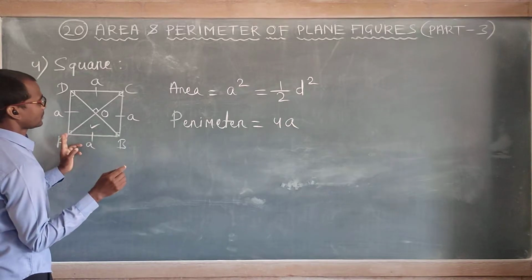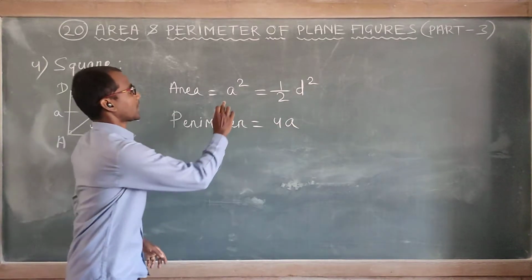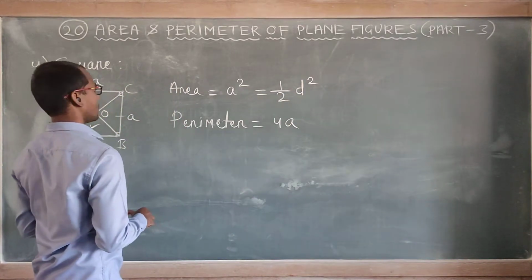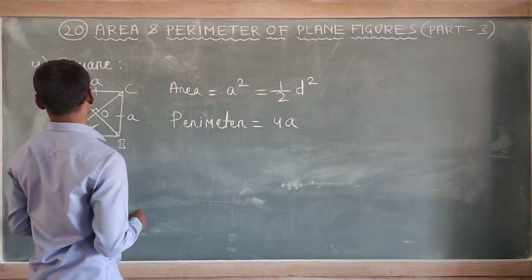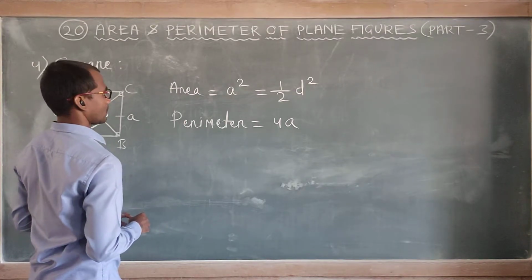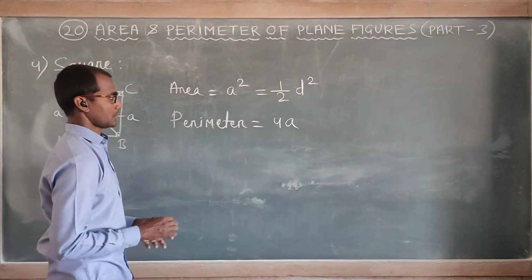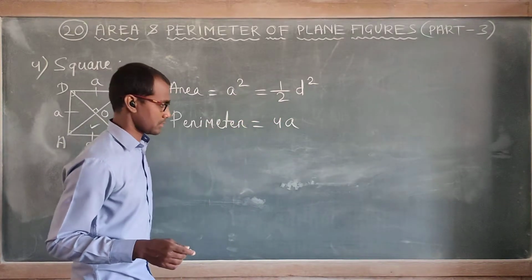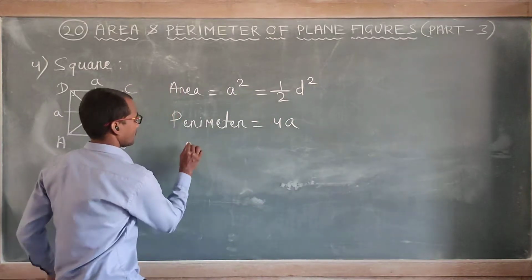From here you can get the relation. The relation between diagonal and side we can get from here. We don't need to take this triangle, directly we can get it from here.